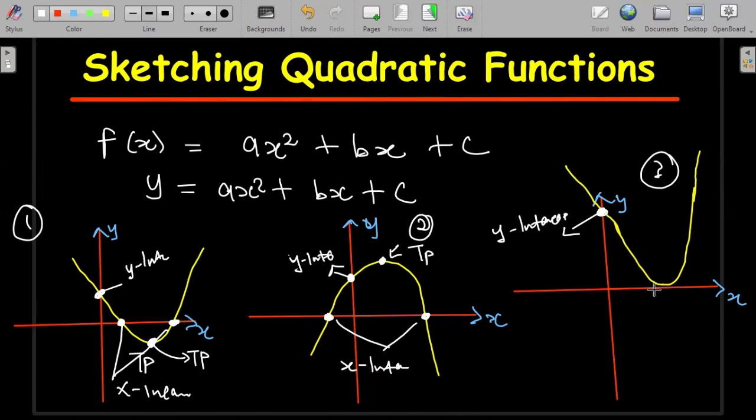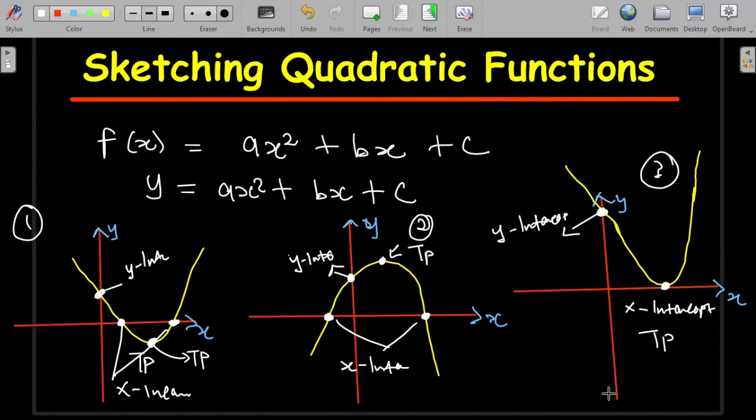It's coming to touch the x-axis at only 1 point there. And this same 1 point is going to act as the x-intercept. And it's also the turning point. You can see that it's just coming to touch the graph here. So where it touches there, it's the x-intercept and it's also the turning point.